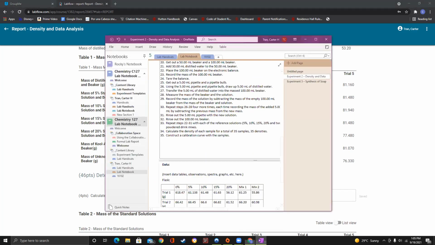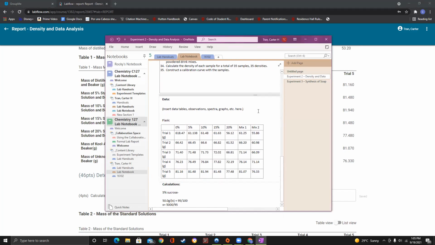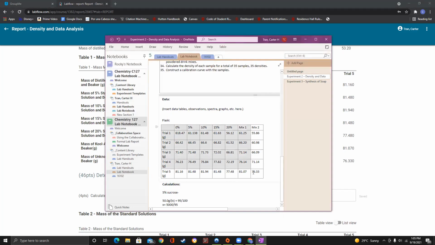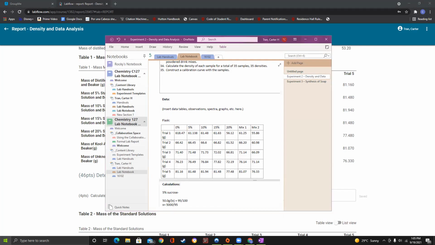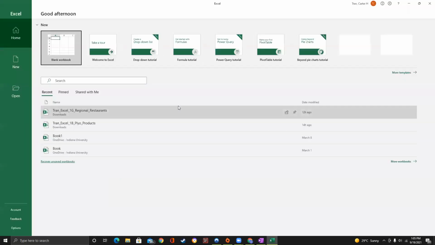That's the standard solutions. I need to put down my beaker values. We can just take this and pop it into Excel.